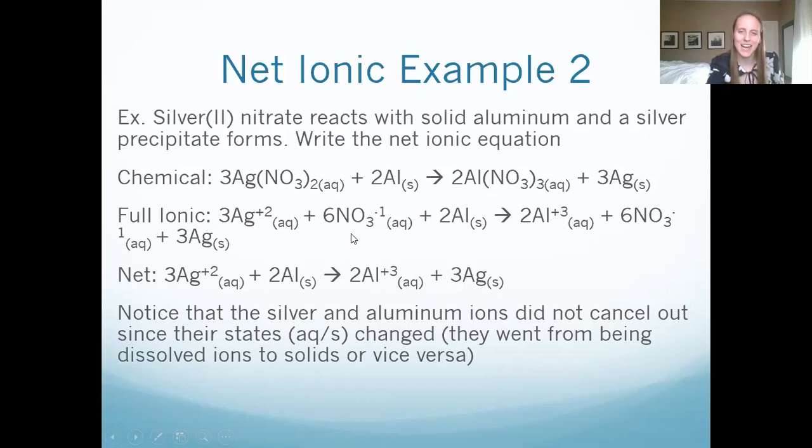So my net ionic equation is my silver ion plus my solid aluminum becomes an aluminum ion and solid silver. Okay, so note that the silver and aluminum ions did not cancel out because on either side, one of them wasn't an ion. The only spectator ion in this example is the nitrate ions. There were ions on both sides.